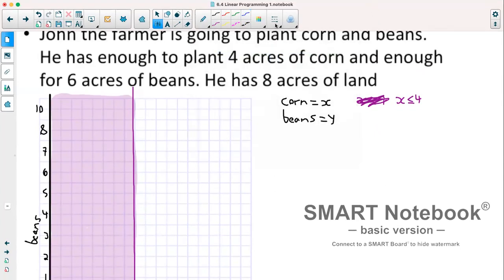Now beans, on the other hand, we had 6. So we've got Y has to be equal or less than 6. So horizontal line at 6.